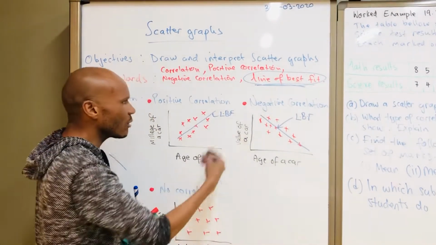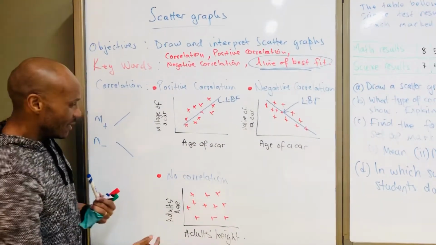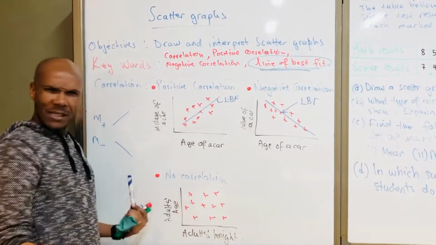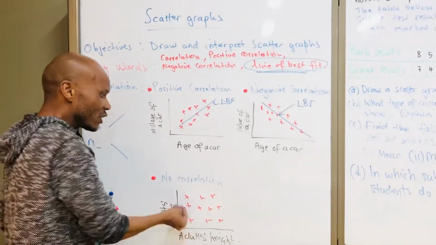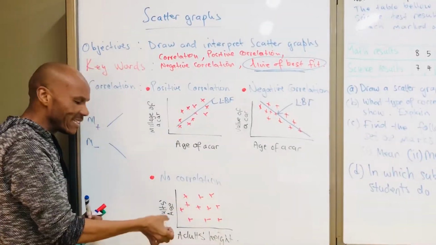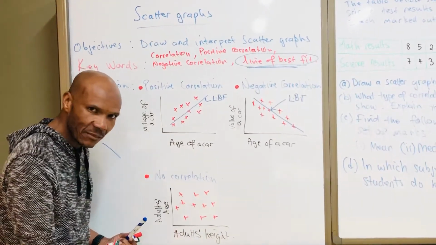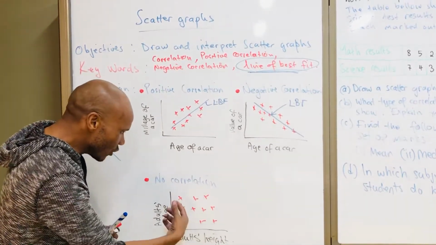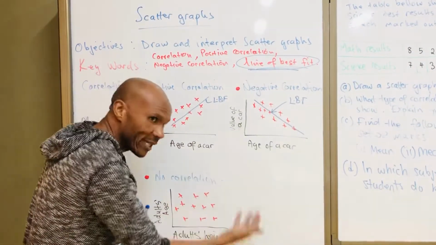Let's talk about the third type of relation. It's a non-relation, but why am I saying it's a relation? It's a relation because it shows me the relationship between the two sets of data that I'm given. But here, do we have a correlation?